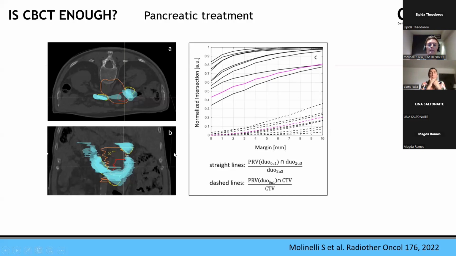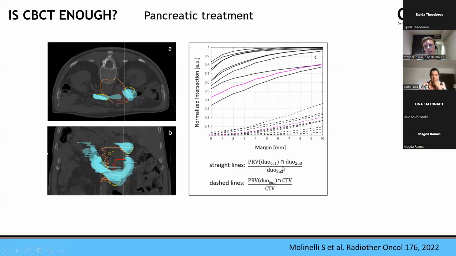We even tested, for 9 patients, a PRV approach. So we basically used the first 2 acquisitions before treatment start. To the union of the duodenum contours, we applied a PRV of different margin expansion from 0 to 10 millimeters.